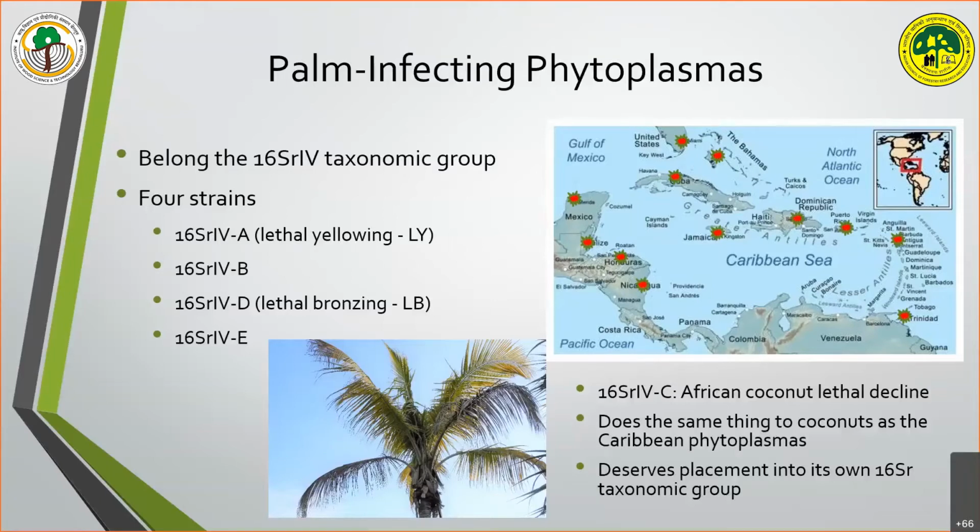But even using just the 16S gene, when this is analyzed, it doesn't resolve well with the other group 4 phytoplasmas, which is not a big surprise given that it is known from coconut palms in Africa.